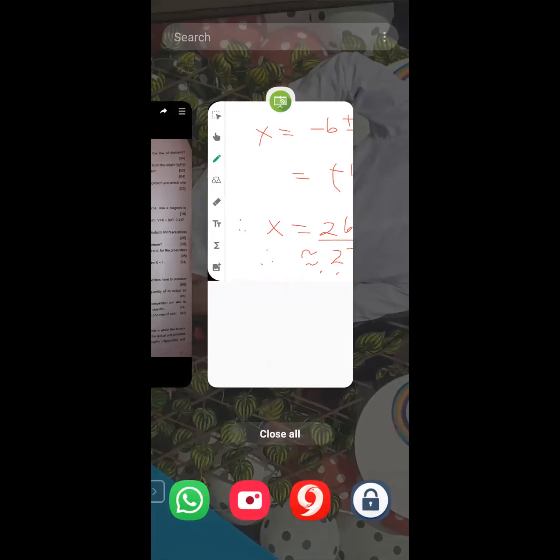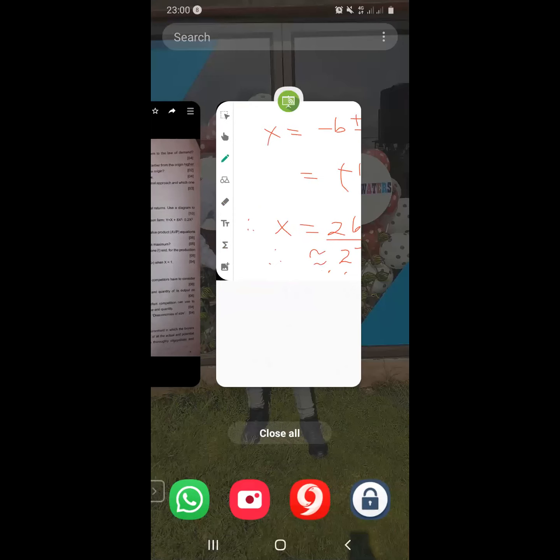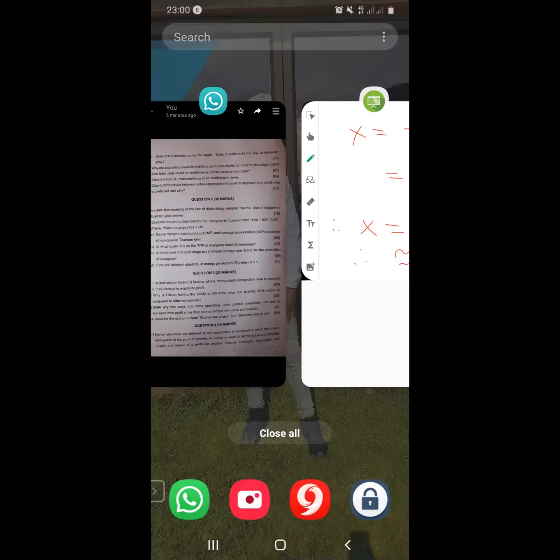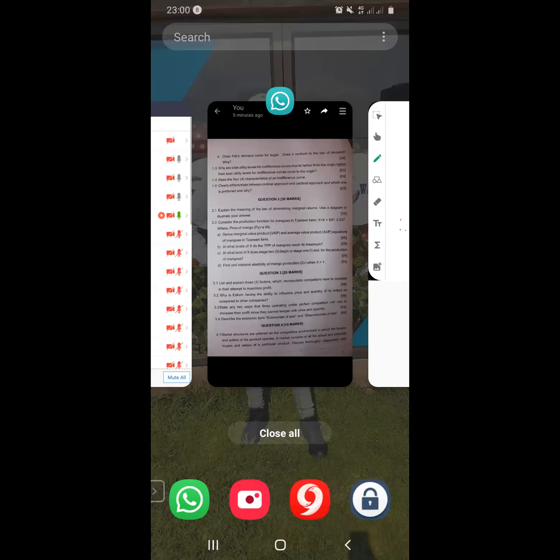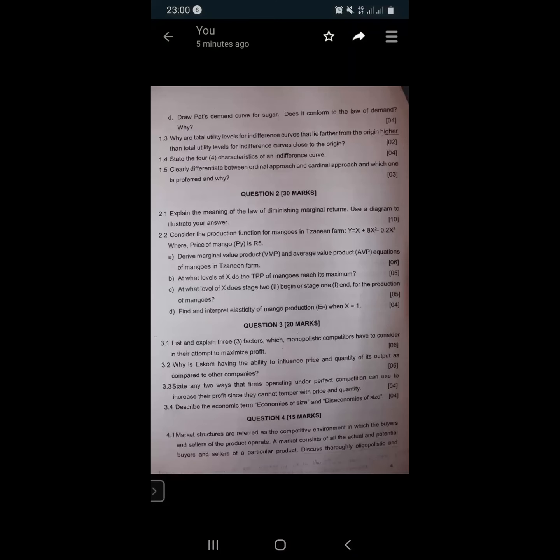And then let's check another question. At what level of x does stage 2 begin or stage 1 end for the production of mangoes? What do they mean?